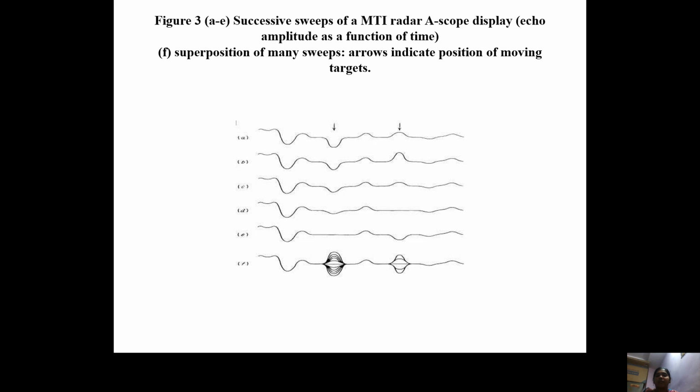Here, this is the received echo signal at the receiver, which contains clutter as well as the moving targets of interest. Here we have to suppress the clutter, so we have to take continuous successive sweeps of different signals. If you clearly notice, these two arrow marks indicate the moving targets, and the others are fixed targets.